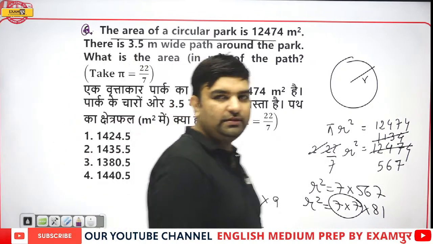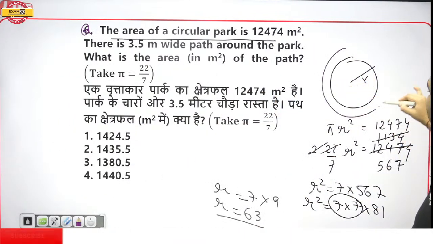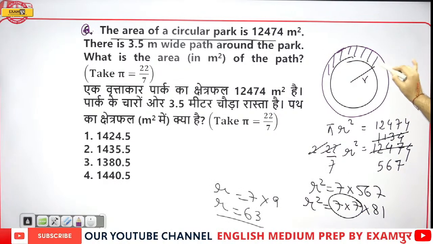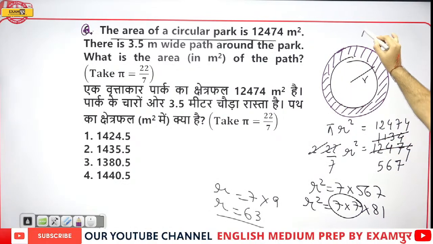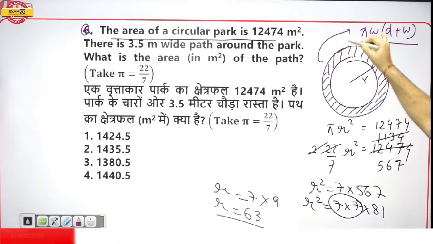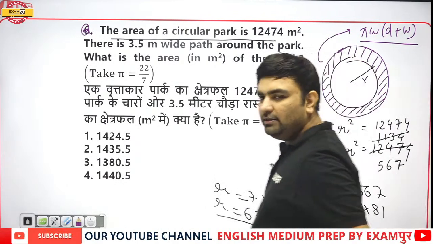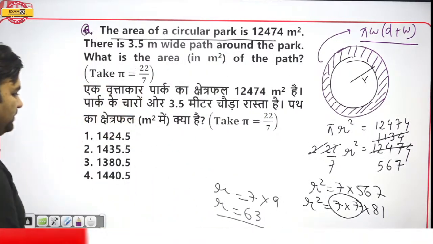What is the width of the circular path? Sorry, the area of the path is pi w (d plus w).